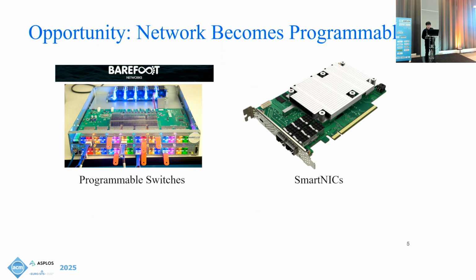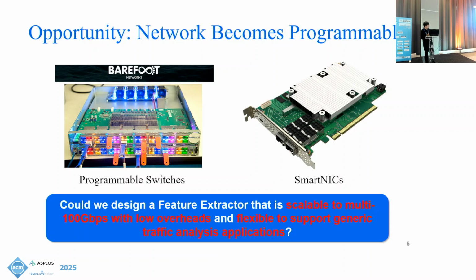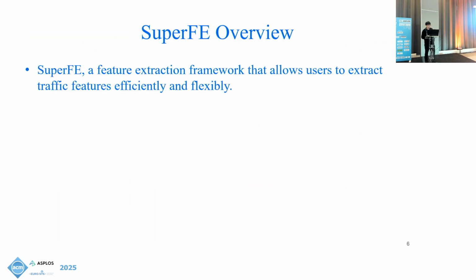We observe that the network hardware is becoming programmable, which provides an exciting opportunity to rethink the design of feature extractors. So, could we design a feature extractor that is scalable to multi-hundred gigabytes per second with low overheads, and also flexible to support generic traffic analysis applications?